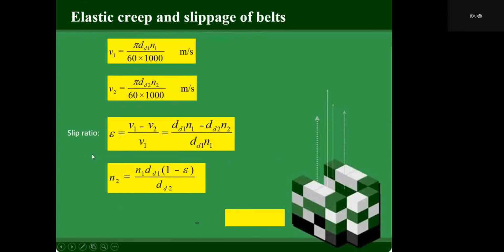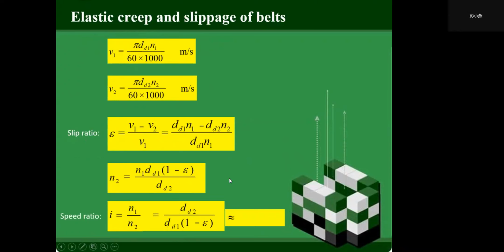Okay, and then we know V1 and V2, and we can calculate the slip ratio epsilon, which is V1 minus V2 divided by V1. And we also can calculate the speed ratio N1 over N2. N1 over N2 can use this to calculate; the speed ratio is approximately equal to D2 over D1.